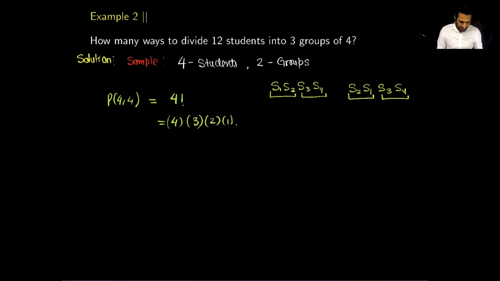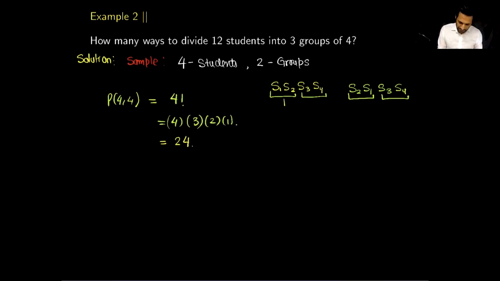Now there is some repetition. If I do this, it is going to be 24, so there are 24 ways to put the students into a line. S1, S2, S3, S4, or S2, S1, S3, S4. So there will be 24, but there is some repetition.